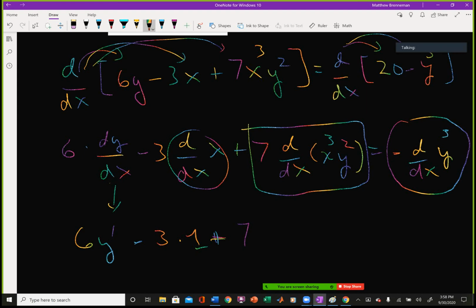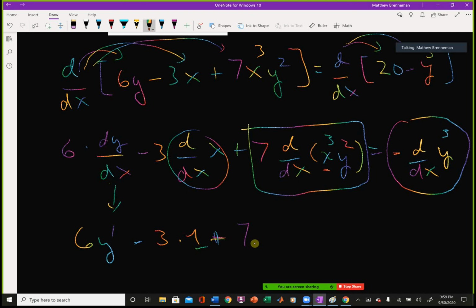Anybody? Let me ask you this. What form do I have here? Am I adding two things, subtracting, taking a multiple of a function, a product of a function, a quotient of a function, a function of a function? What am I doing? Here's another way to think about this.